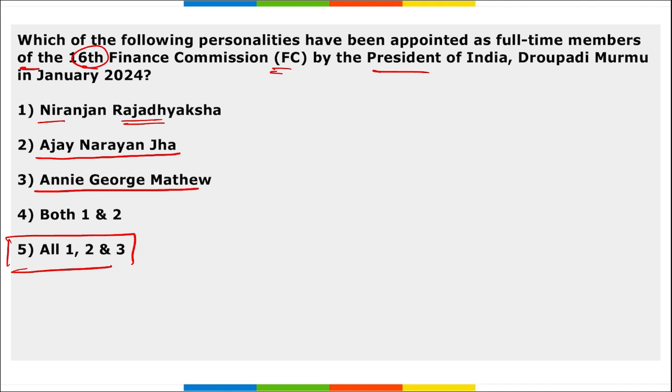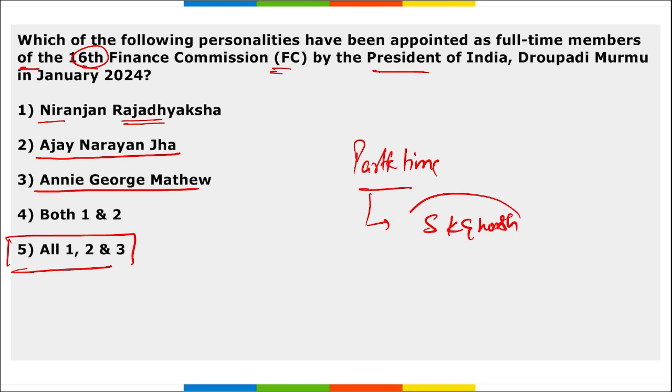And there will be a part-time member also. Remember the name of the part-time member also: Soumya Kanti Ghosh. Soumya Kanti Ghosh will be part-time and all three of them are full-time members.